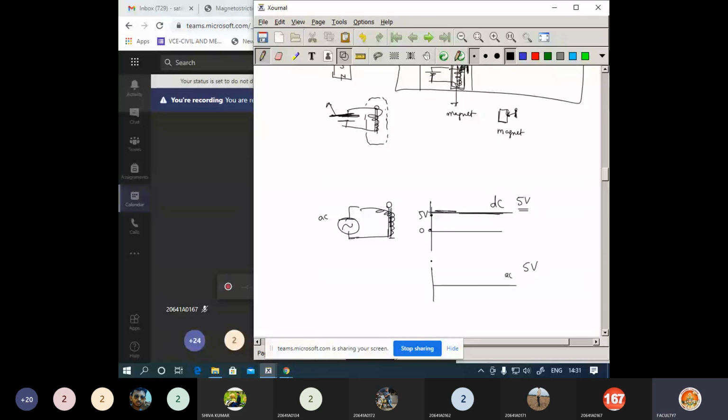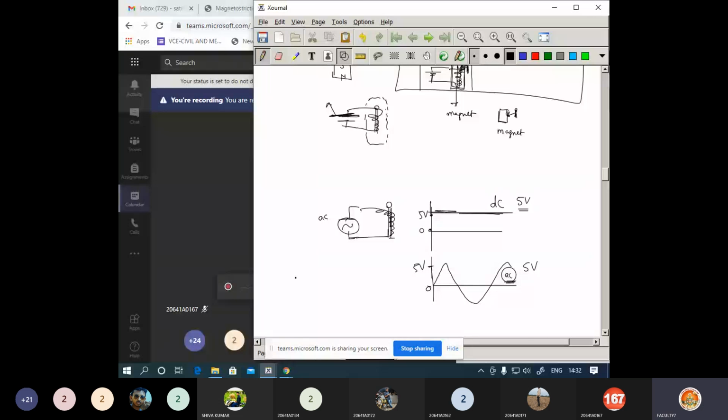But regarding the AC source, what you can expect here, this is 0 and this is 5 volts. So it is going to vary. It will increase and decrease and it will come back in the negative direction. It will continue like this. So a constant variation is going on here. This is alternating current.